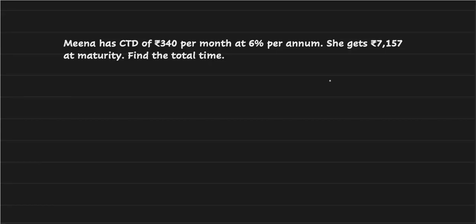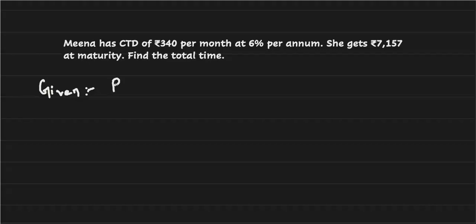The first problem says Meena has a recurring deposit of 340 rupees per month at 6% per annum. She gets 7,157 at maturity. Find the total time. So what happens whenever n is missing? It becomes a quadratic equation. So whatever values are given, first we will write them here.